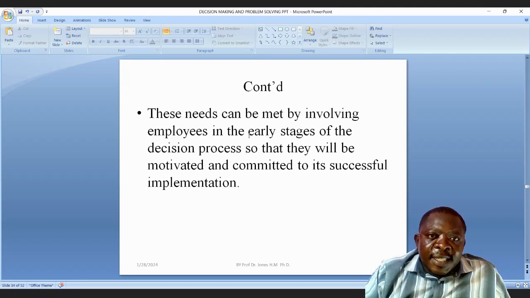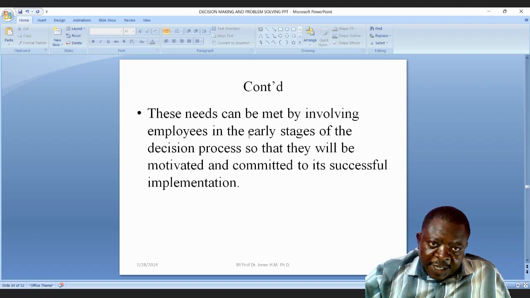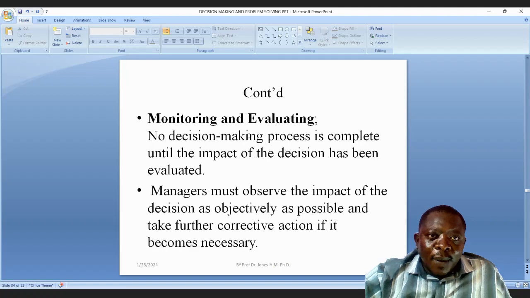These needs can be met by involving employees in early stages of the decision process so that they will be motivated and committed to the successful implementation. So the workers will understand why that decision has been made. Okay, so it will increase innovation. The workers will be motivated because they understand the final results and the benefits that lie forward.